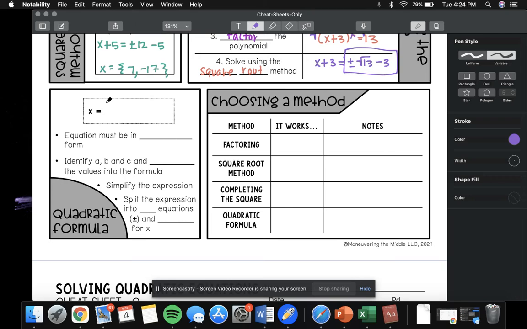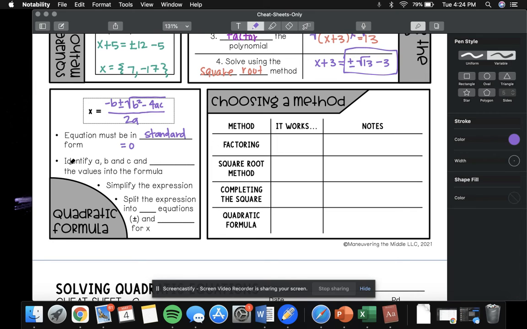Okay, and then finally we learned the quadratic formula. The quadratic formula is x equals negative b plus or minus the square root of b squared minus 4ac, all over 2a. To use the quadratic formula, it must be in standard form, which just means it has to equal 0.